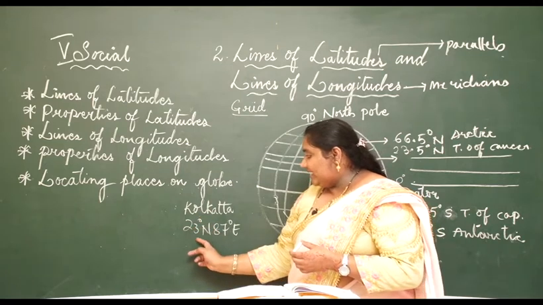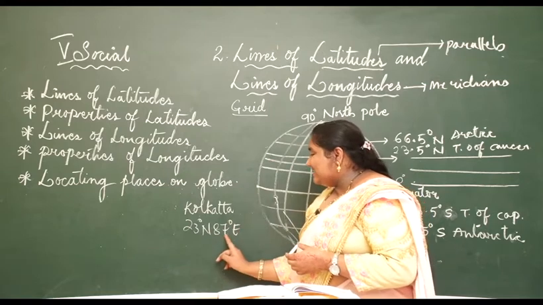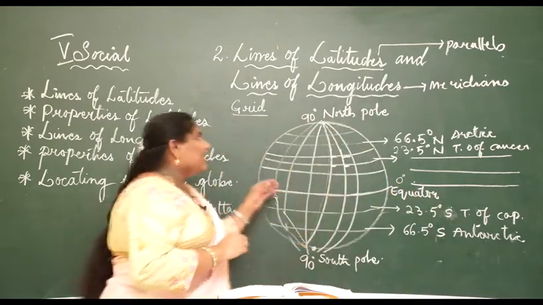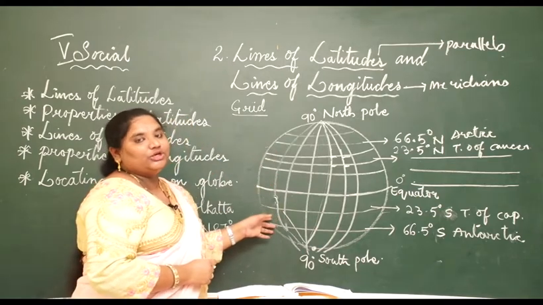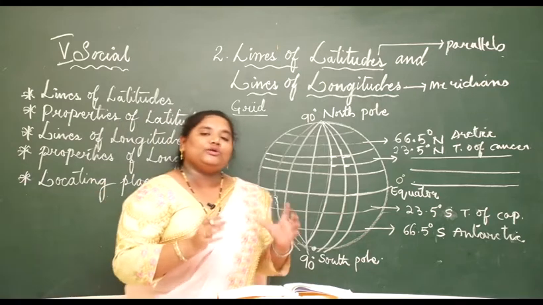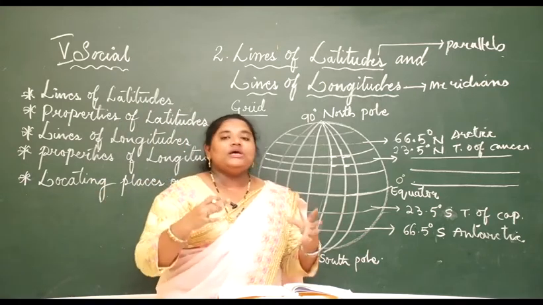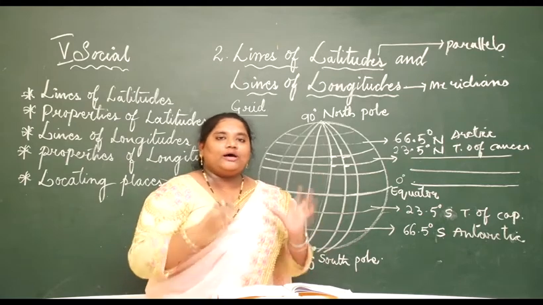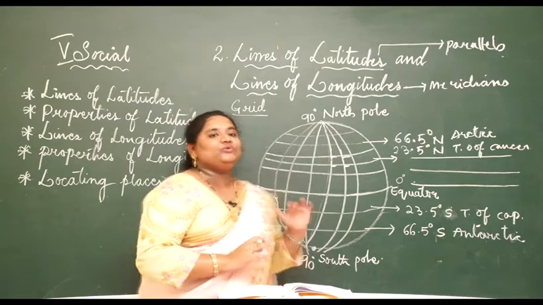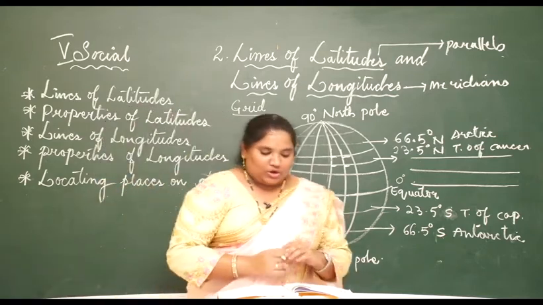Kolkata is located at 23 degrees north latitude and 87 degrees east longitude. With the help of the lines of latitudes and longitudes, you can locate places easily. Not only places but also towns, villages, rivers, seas, whatever comes on the earth, a map or a globe, you can locate easily using these lines of latitudes and longitudes.